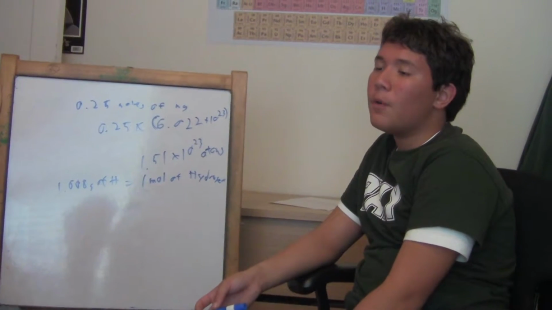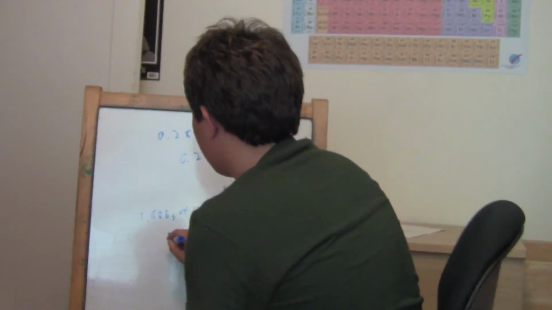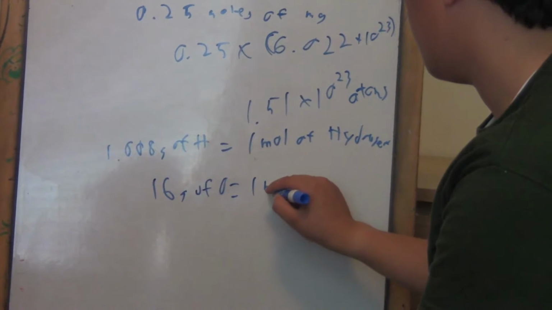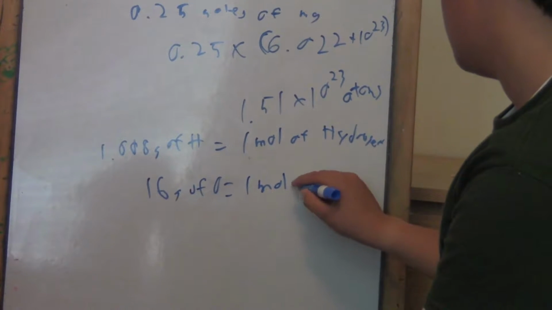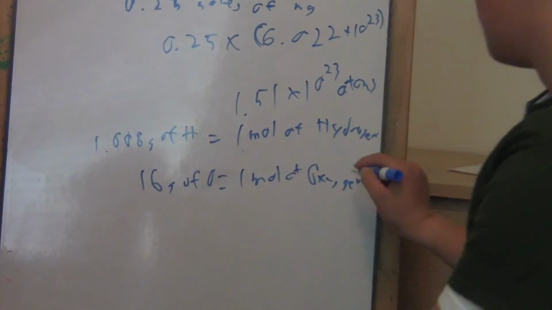The same goes for oxygen, which is 16 atomic mass units, which can be translated into 16 grams, and in the end, also translate to 1 mole. And why?